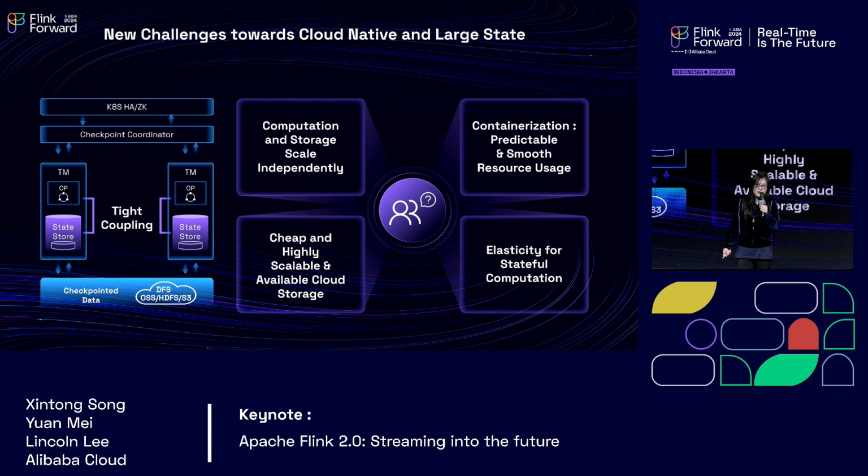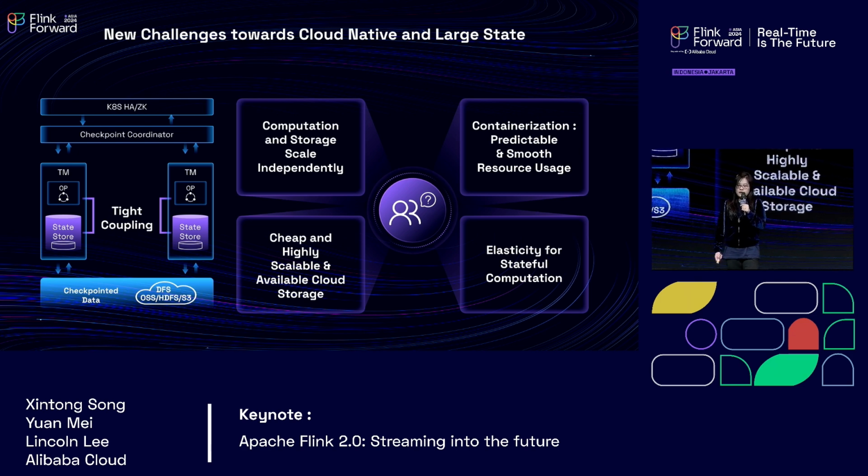Why is it a challenge? Because in the tightly coupled architecture, the checkpointing procedure happens in a very short period of time, boosting the resource usage in CPU, I/O, or network. This resource usage peak makes the entire cluster unstable. So this is a challenge in areas where containerization is widely used.